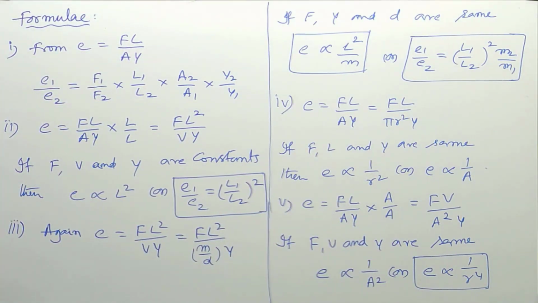So E is inversely proportional to r to the power of 4, where r is the radius of the wire.